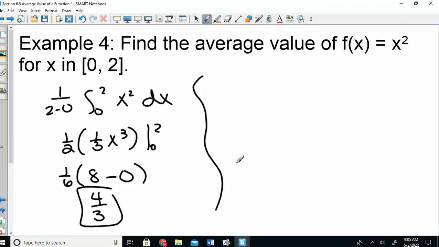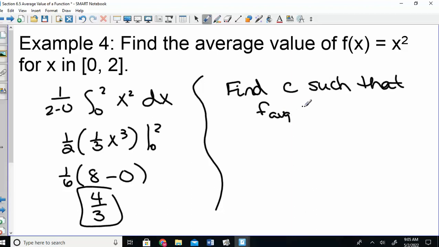What if I said, find c such that f of c equals the average value?